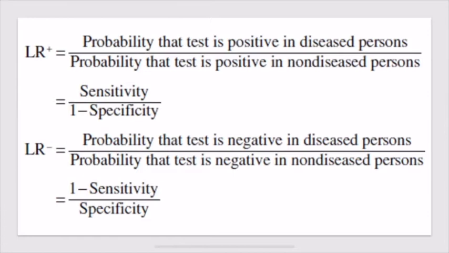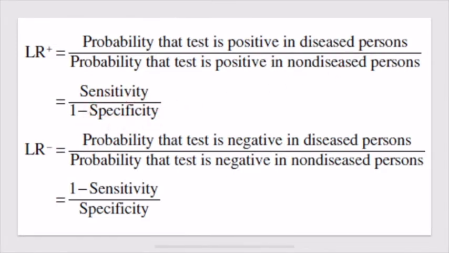So the positive likelihood ratio is the probability that a test is positive in diseased persons divided by the probability that a test is positive in non-diseased persons. These are the so-called false positives. So it's really the sensitivity divided by 1 minus the specificity, because we're looking at non-diseased persons. That's why we're looking at the specificity.